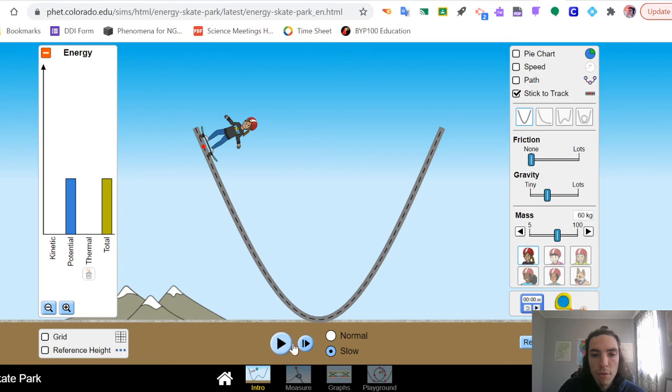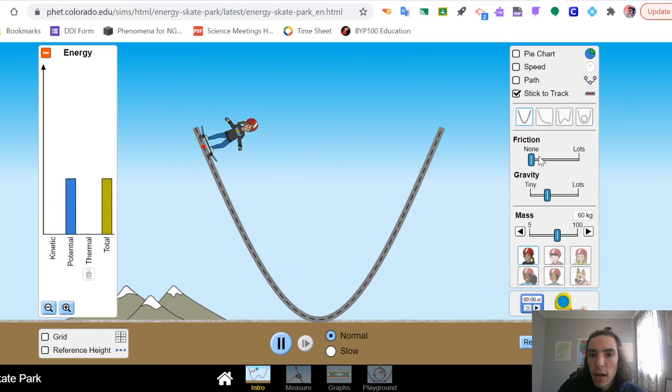So if we let this skateboarder start falling, you can see the kinetic energy increases, the potential energy decreases, now increasing again. But as they move through here, at normal speed, you can see the total energy isn't changing, which is exactly what the law of energy conservation states: for a closed system, which this is, the total energy is not going to change.